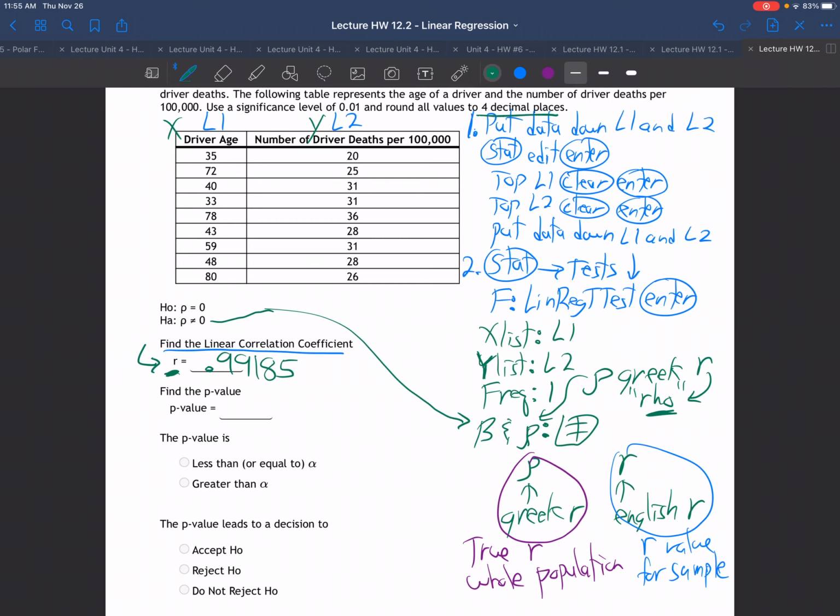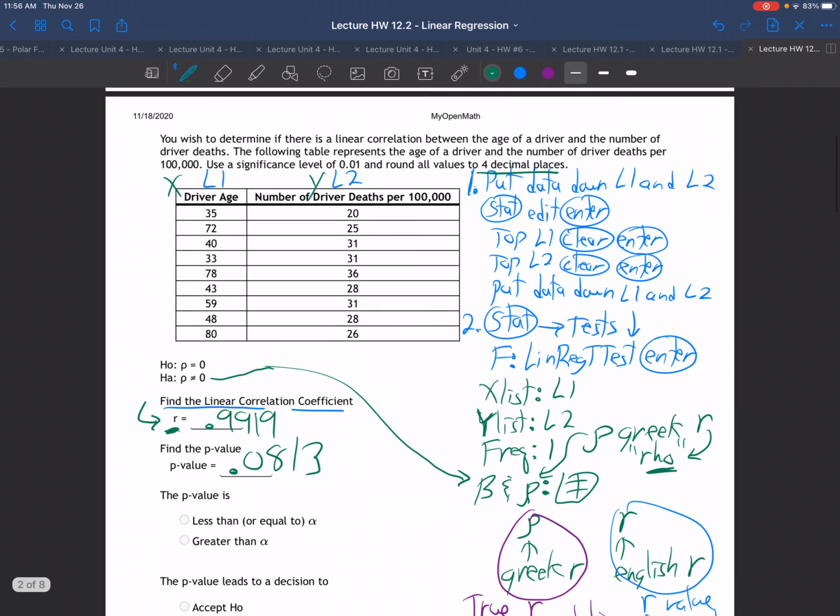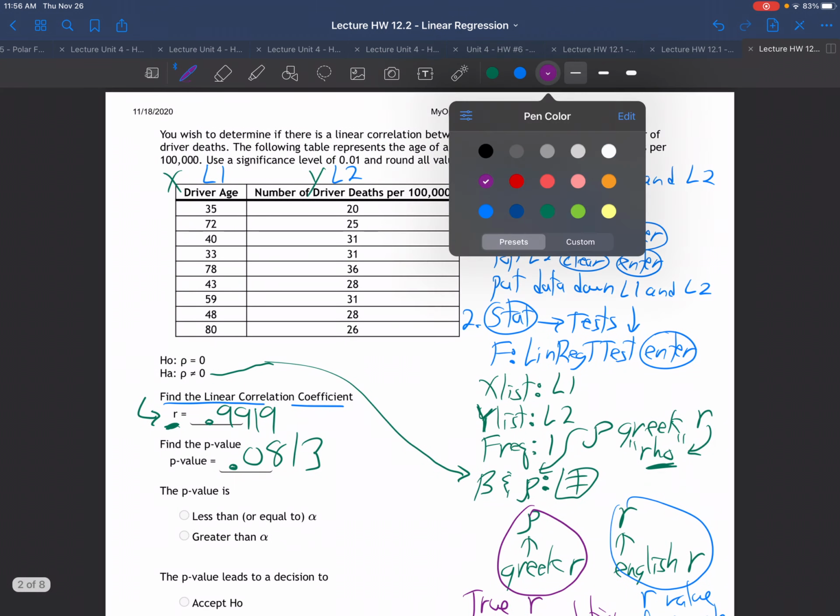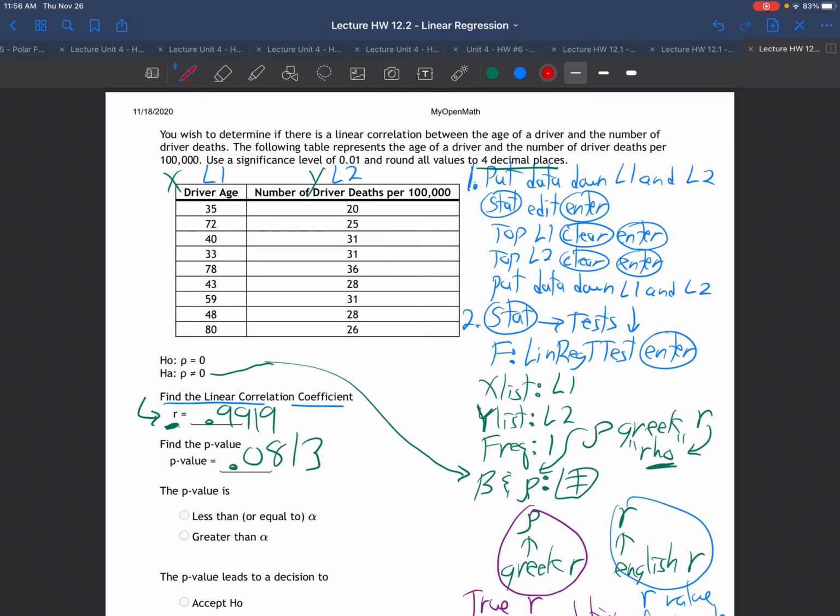So we'll round that to 0.9919. And find the p-value. I got a p-value of 0.0813 to four decimal places. All right, so what was the test they wanted me to do? They want to say the p-value, how does it compare to the alpha?